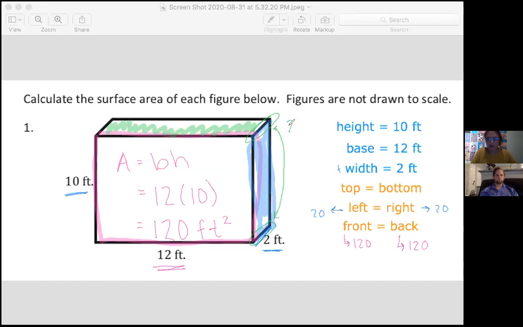So we will take 2 and multiply it by this base, which if we flipped it on its side, would also be the height. That would be 12, because this line and this line are also congruent. So 12 times 2 is 24, and I will write that next to the top and the bottom.